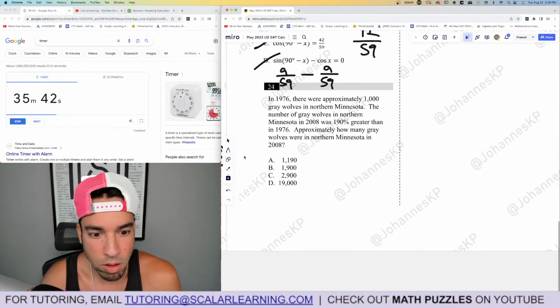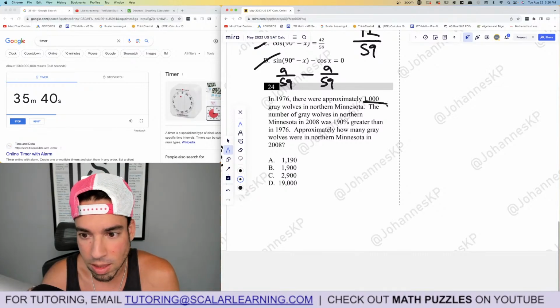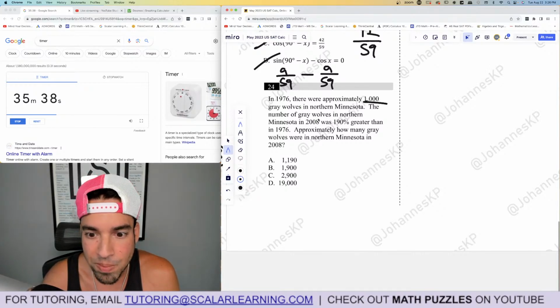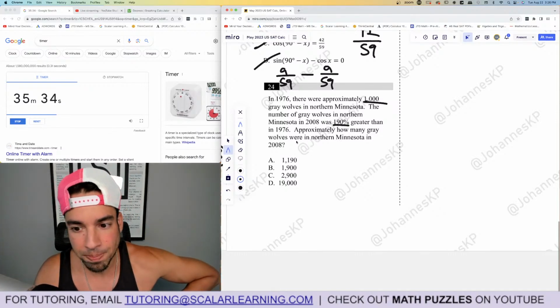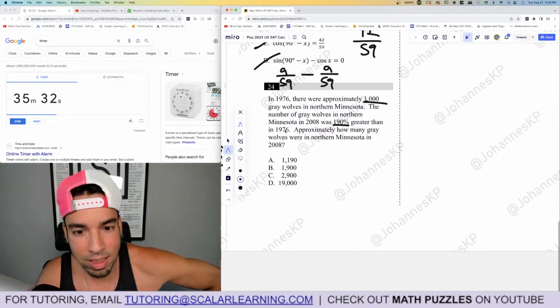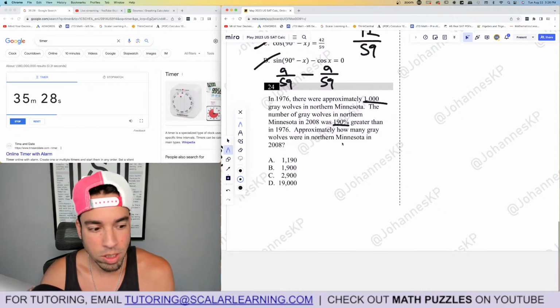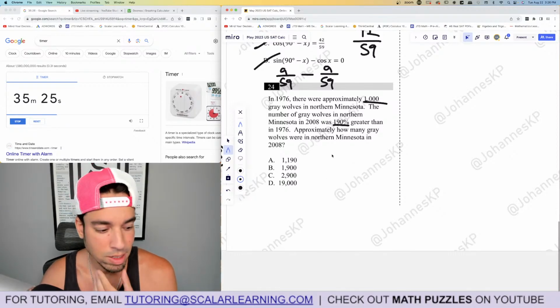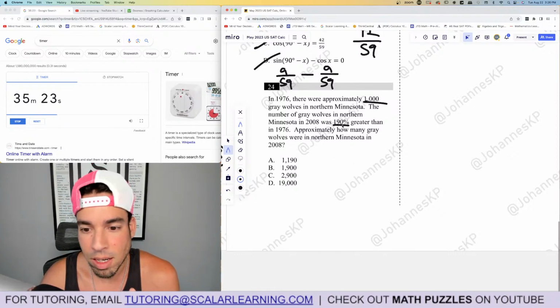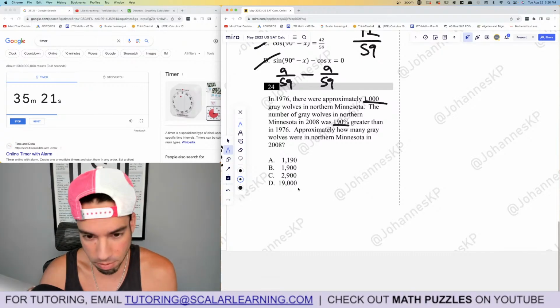We're doing great. Okay, in 1976 there were approximately 1,000 gray wolves in northern Minnesota. The number of gray wolves in Minnesota in 2008 was 190% greater than in 1976. Approximately how many gray wolves? This is an interesting one, and they keep doing this in recent tests, so this is definitely a trend. They're not saying it was 190% of that value.